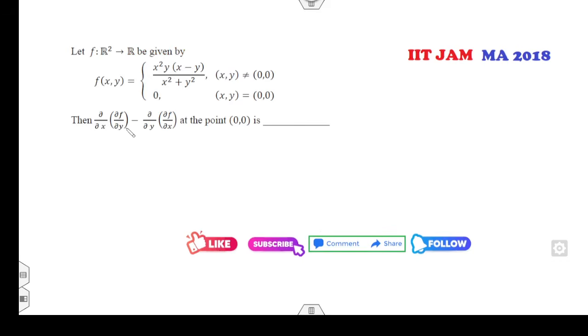Your target is to find the partial derivatives at 0, 0. Partial derivative with respect to y. Fine. How can you check the partial derivative with respect to y in a very simple manner?